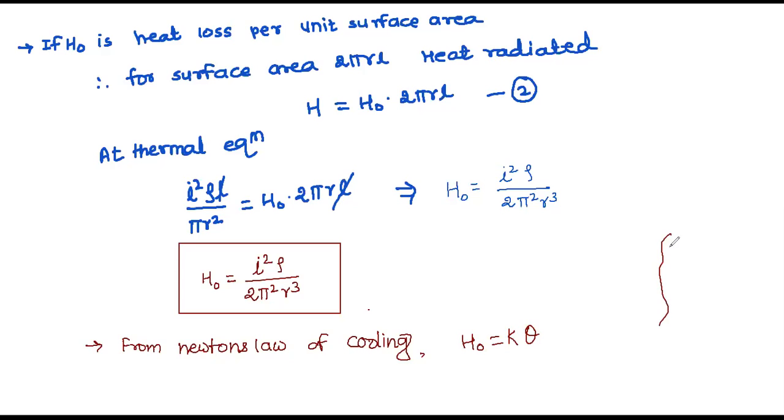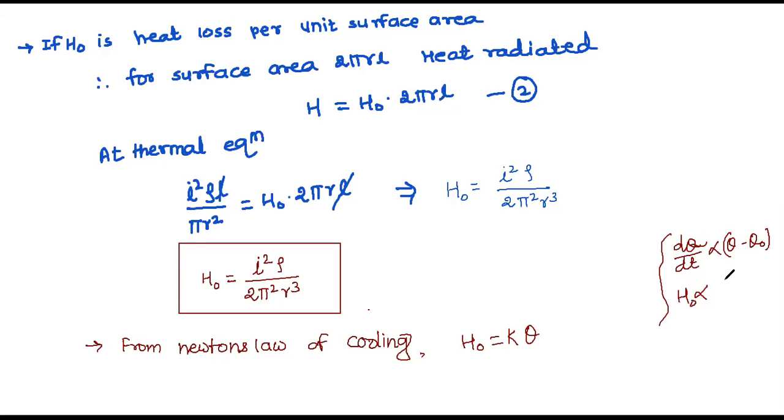You see here, dq by dt is proportional to change in temperature. This is Newton's law of cooling. If I am taking t as 1 second, then this will become heat lost or heat produced in 1 second.